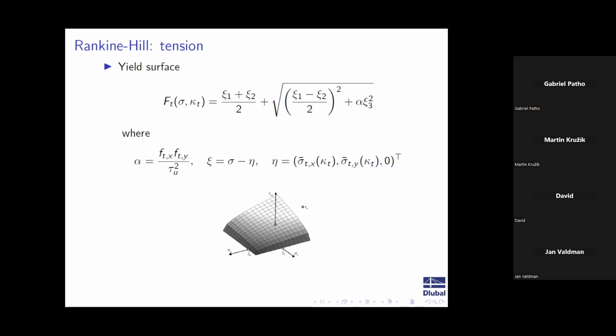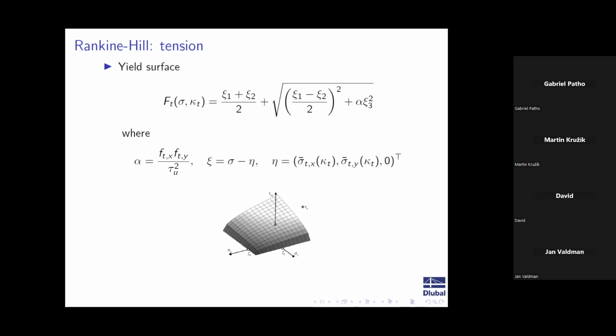This comes from my hardening-softening assumptions, which we will go through later. It is not the classical Rankine yield surface because of this additional parameter alpha. If I put alpha equal to 1, this is my classical Rankine surface. Here we can modify it.